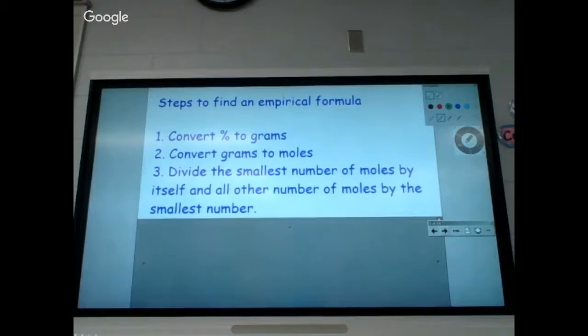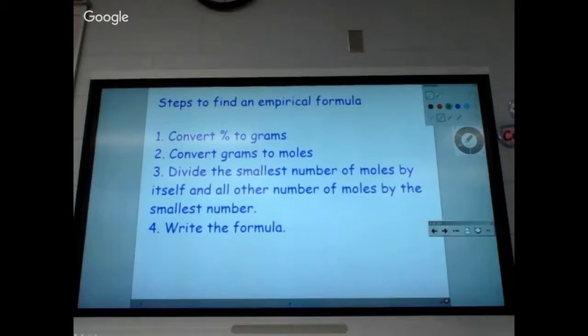You got to do it to both sides, right? So in this, what I'm saying is if you divide by that smallest number, you have to divide all the numbers of moles by that smallest number. You can't just do it in one place. You got to do it in all the places. And then the last step is the easy one. Write the formula. Okay, convert percent to grams, convert grams to moles, divide by the smallest number, and then write the formula.